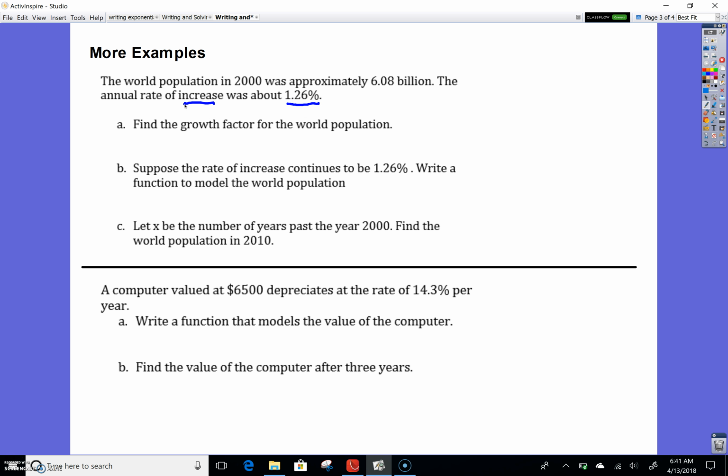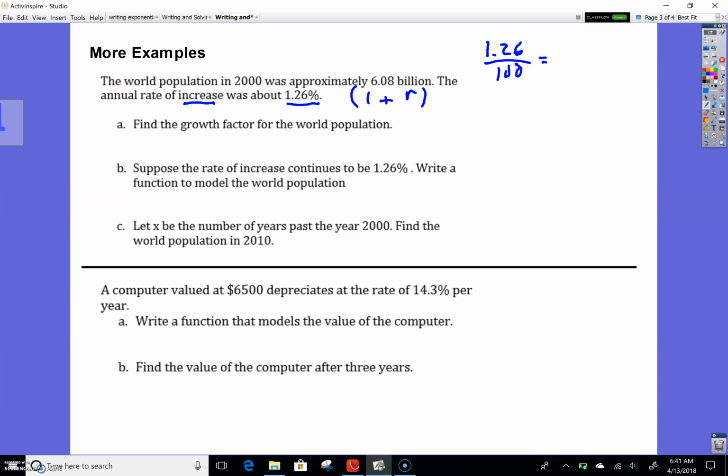So to get the growth factor, we have to remember the growth factor is what's in the parentheses. Okay, so 1 plus R. Remember R is 1.26 divided by 100. Okay, that's how you change percent to a decimal.